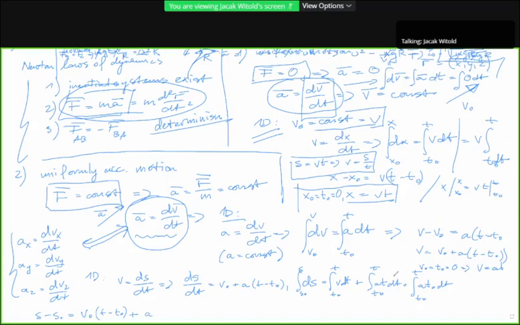We need to know the function whose derivative gives a linear t. So it would be t squared over 2, because the derivative of t squared over 2 would be 2t divided by 2. So the 2 cancels, and we are left with t. So this is t squared over 2.